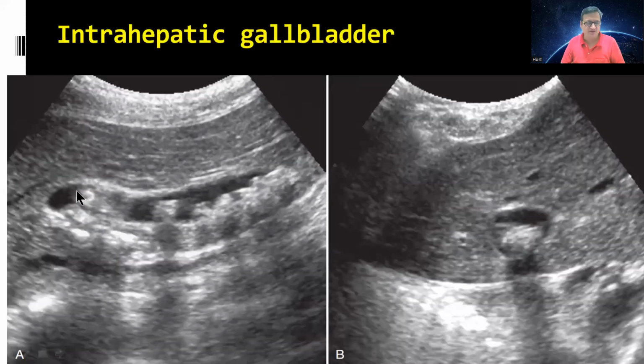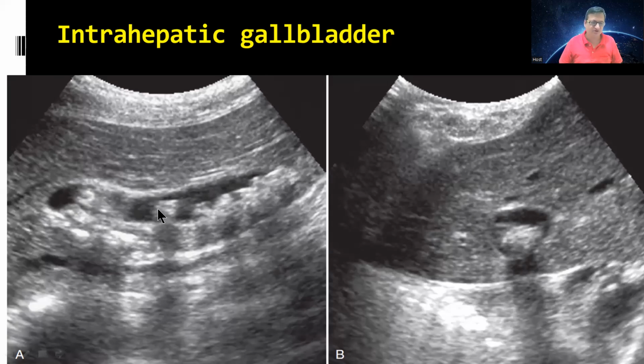So this is the intrahepatic gallbladder, where you can see the liver is on, especially in transverse section, you may recognize better that it is surrounded all over by the liver parenchyma. Normally, because it is on the surface of the liver, hepatic parenchyma is present on only one side and the other side is free.